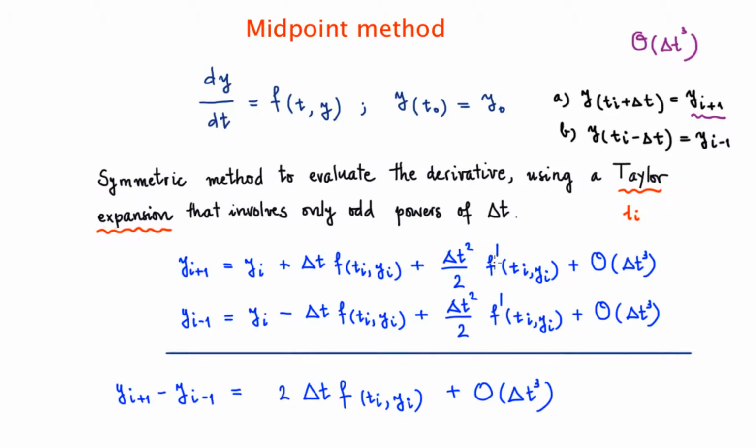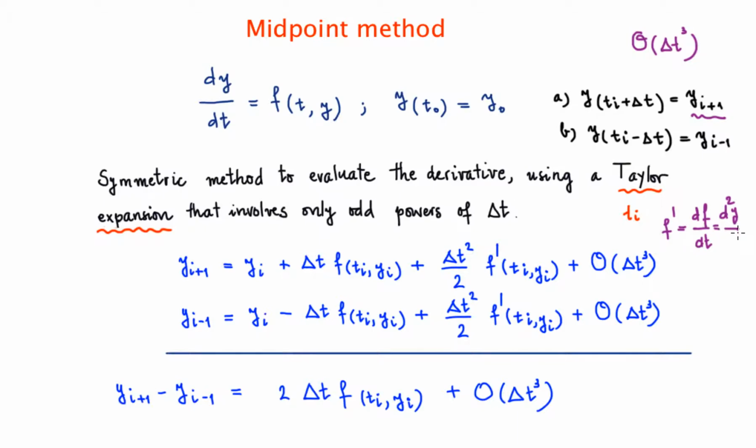So here, this f prime means the first derivative of f, in this case with respect to time, and this is actually the second derivative of y, considering that the derivative of y with respect to t is called f. So the first derivative of f with respect to time is the second derivative of y with respect to time.